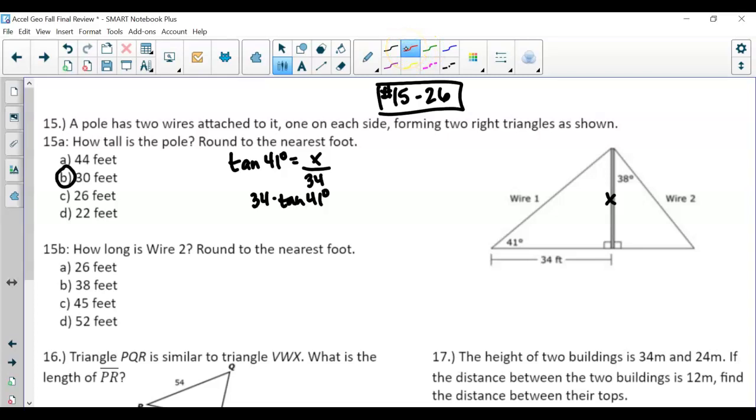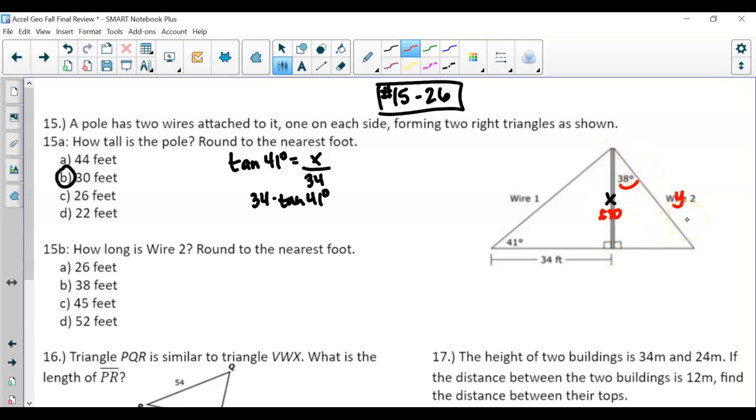Now here we're looking for the length of wire 2, so I'll call this Y. So now notice we'll use the 38, and we just technically got that this is approximately, so we'll use 30 in its place. So if this is approximately 30, now we can go through and solve for Y. So this is the adjacent again, but the hypotenuse.